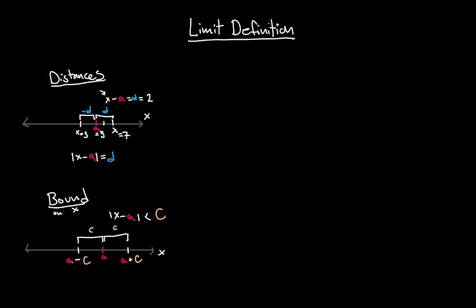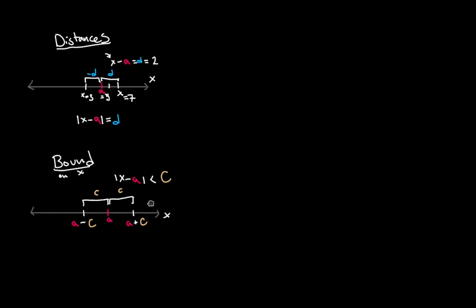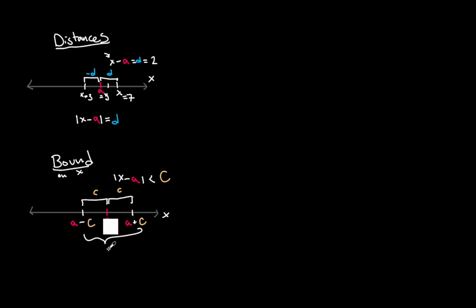So you have a plus c and a minus c, and we're saying that whatever value x takes, the distance between x and a has to be less than c. So x has to be within this range of a. So x has to be within a minus c and a plus c. If you're familiar with the line notation, we can say it like this.